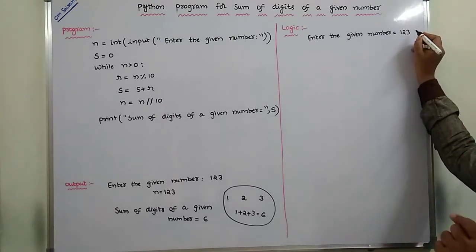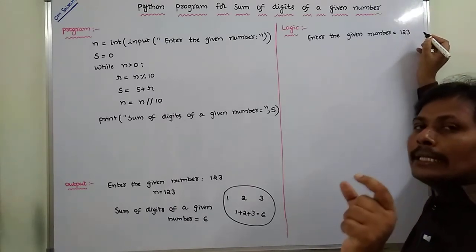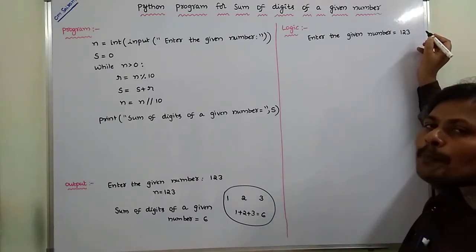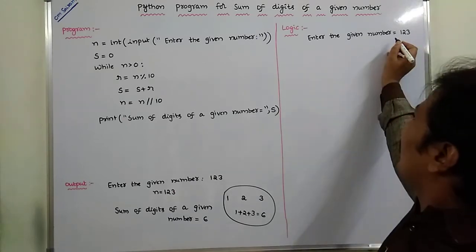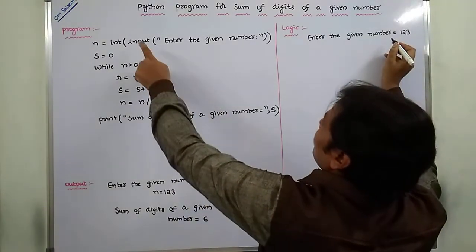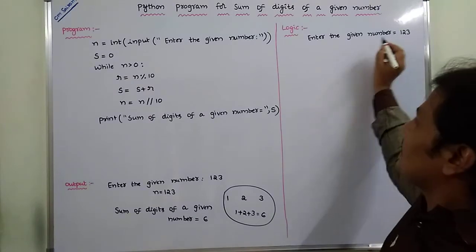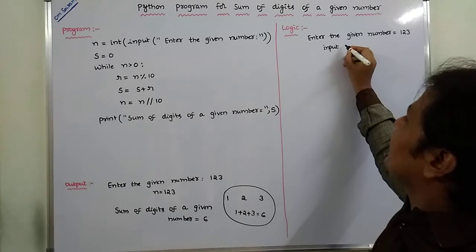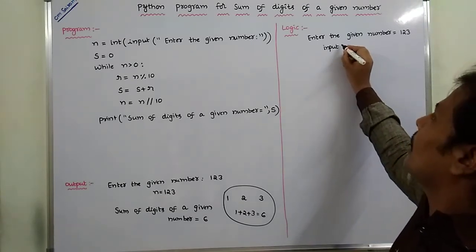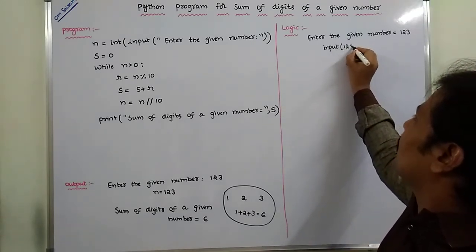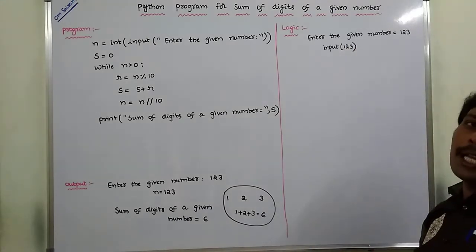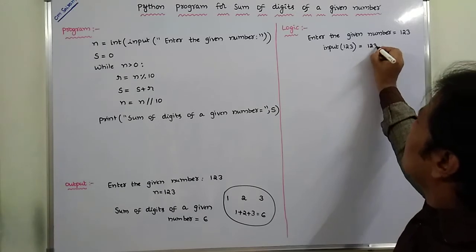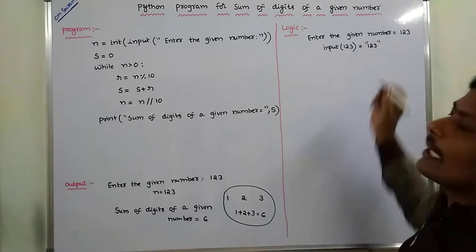So this 123 can be entered by the user from the keyboard. User is nothing but programmer. This 123 can be taken by the input function. The input function reads the input given by the user or programmer, and then returns the string value of 123.